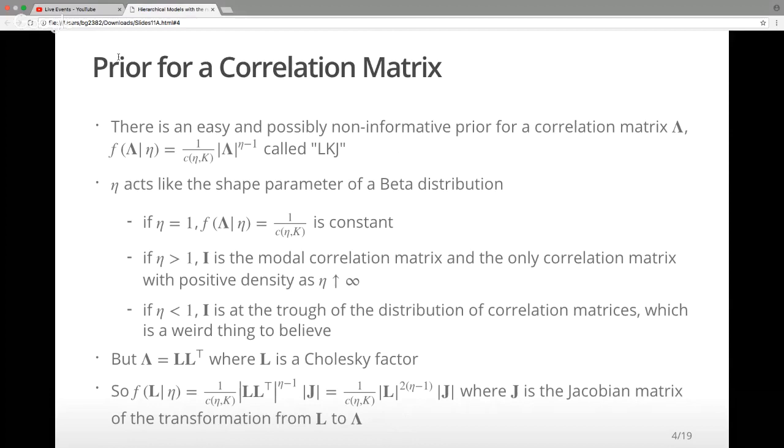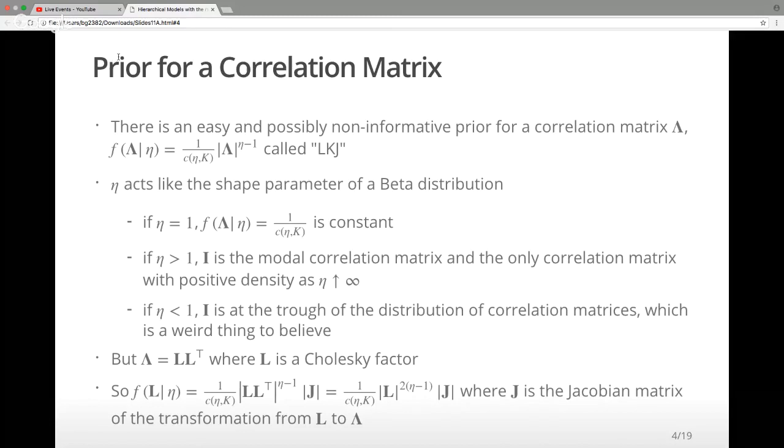If eta is less than 1, then the identity matrix is at the trough of the distribution. So it is literally the least likely correlation matrix under the prior, which is a weird thing to believe.